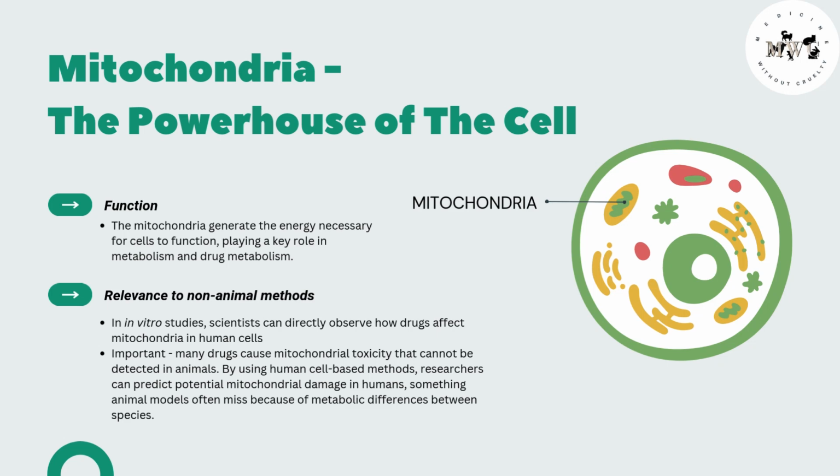These allow researchers to observe how drugs affect mitochondria, providing accurate data. Animal models often miss mitochondrial damage due to potential drugs because of the metabolic differences between these species. And that's yet another reason why we need to make sure that we have human-relevant models.